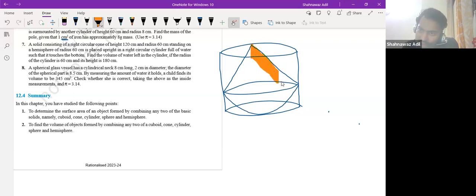This structure is eating up some space in this cylinder, so this is the space it is occupying. This part is filled.